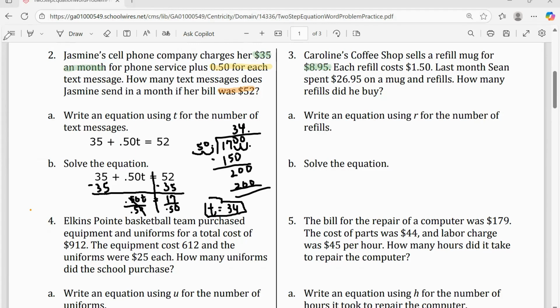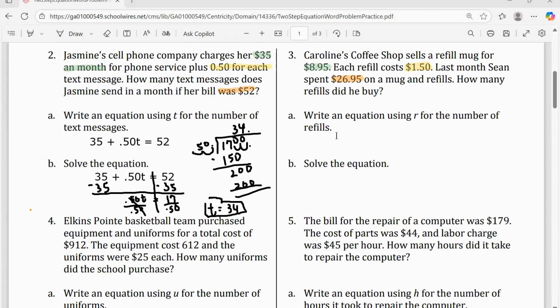Okay, there goes that word again: each. Each refill costs $1.50. So $1.50 would be our dependent variable. And then when it says she spent $26.95, that's her total.